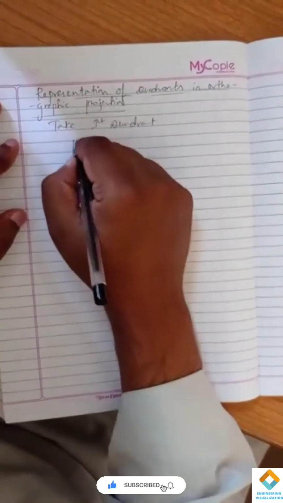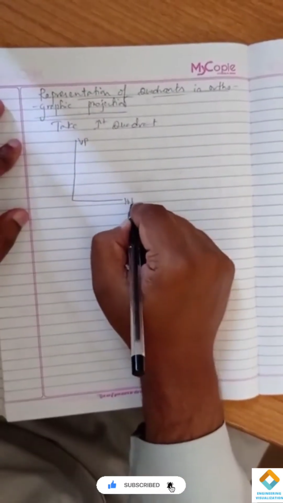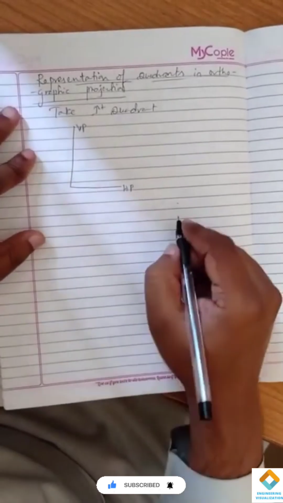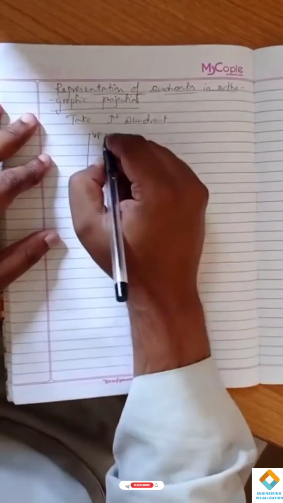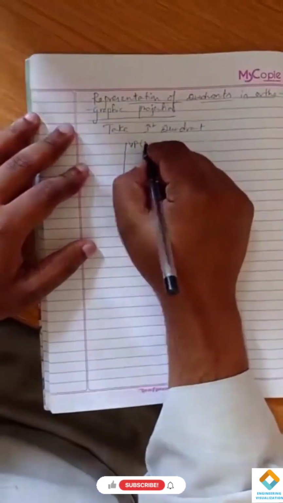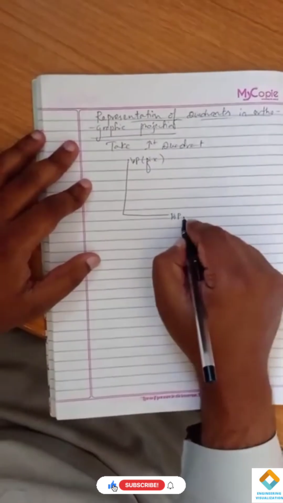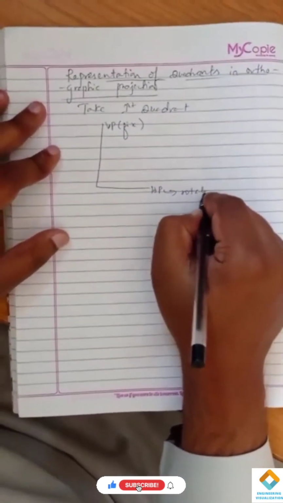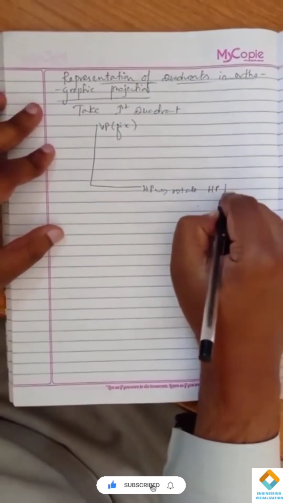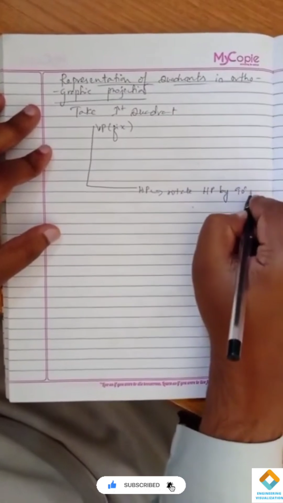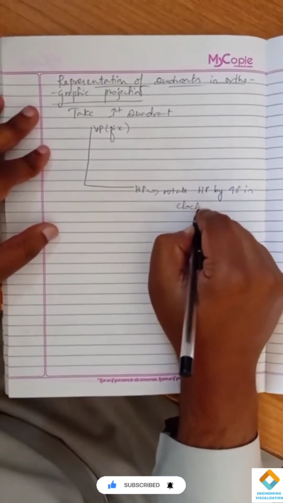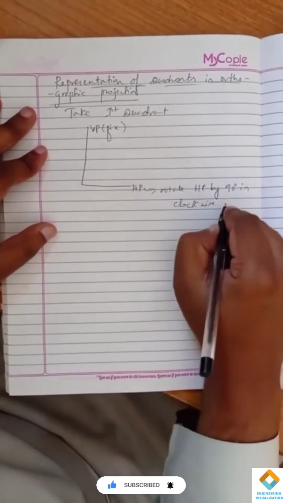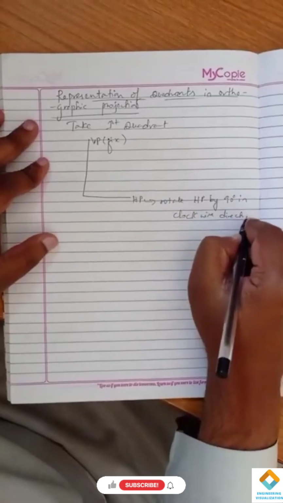Here we follow one concept: fixing the vertical plane and rotating the horizontal plane by 90 degrees in the clockwise direction.